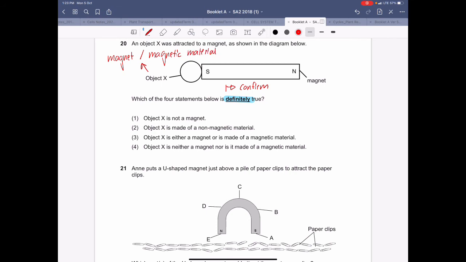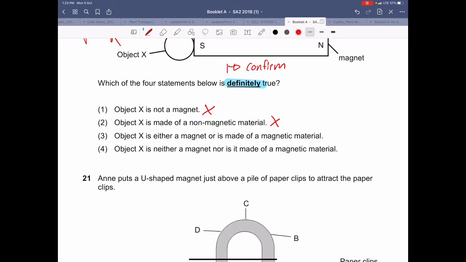Alright, so let's go ahead and eliminate. Object X is not a magnet. This is wrong because it is possible, in the sense that the opposite poles of X and the south pole can attract. X is made of a non-magnetic material. This is definitely wrong, because if it is a non-magnetic material, it will not be attracted to the bar magnet.